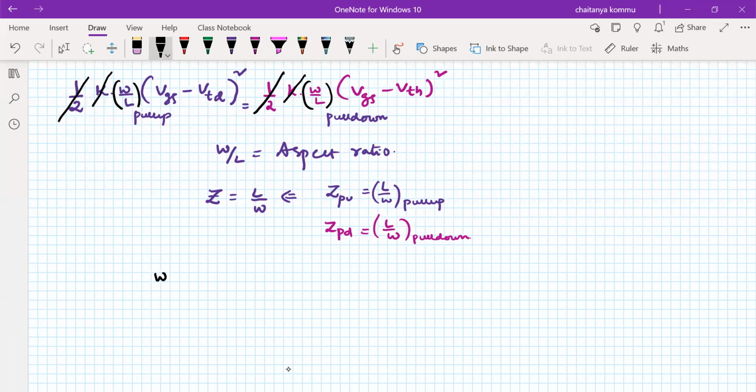So W by L ratio can be called 1 by ZPU. Are you agreed? The pull-up is nothing but W by L, but we want L by W. Therefore 1 by ZPU we can write it in this way.